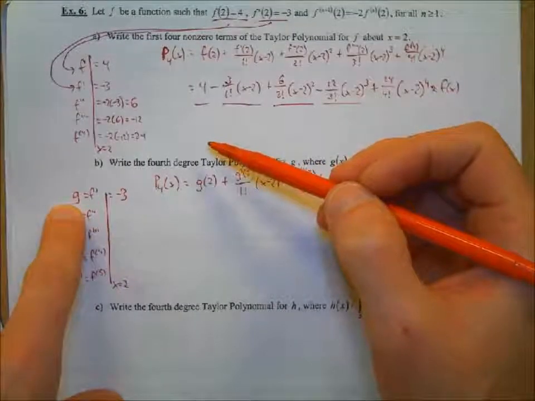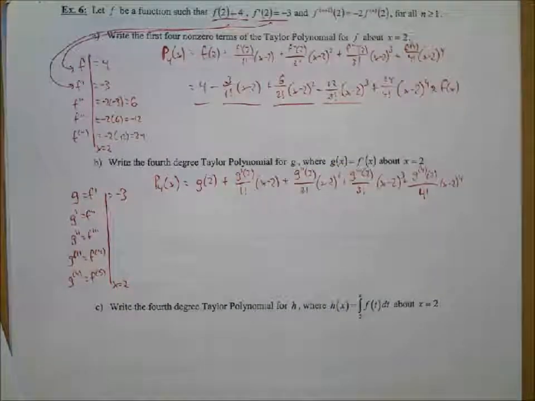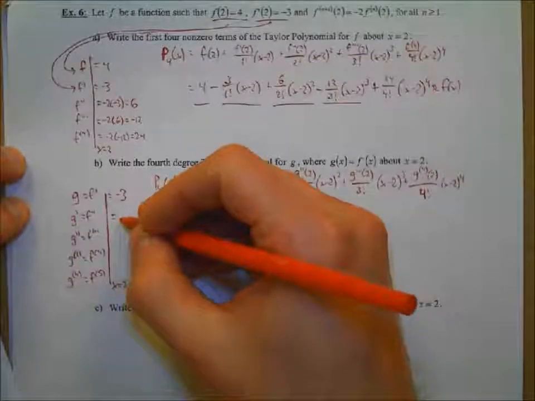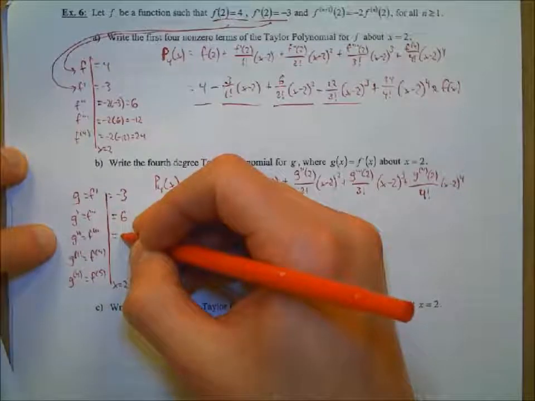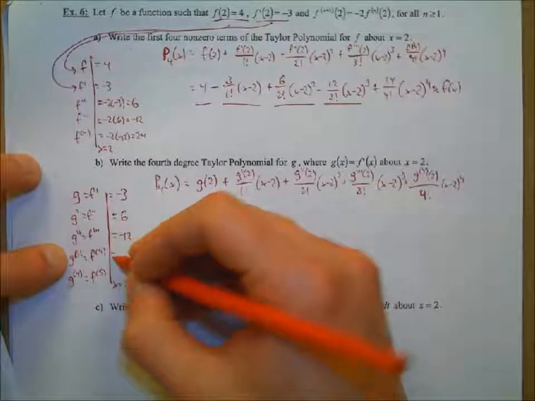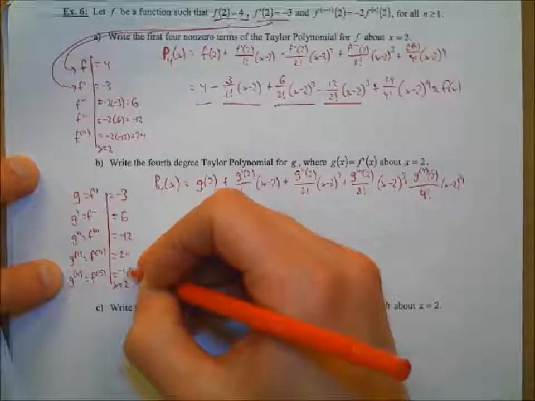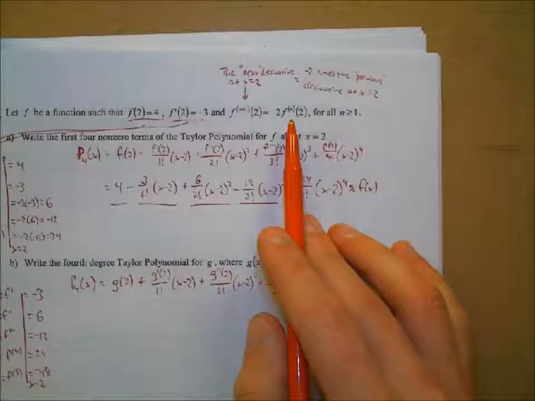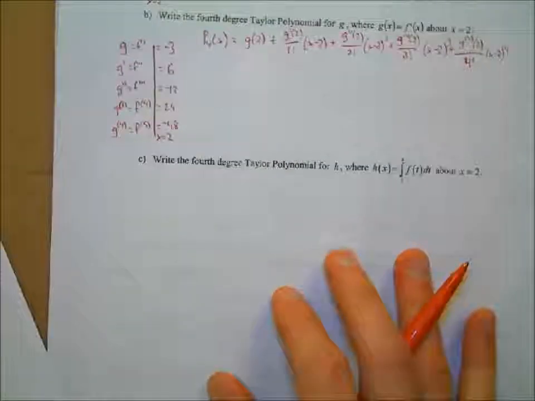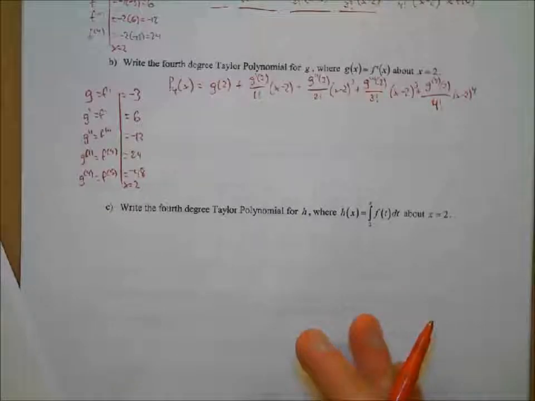Which means g prime will equal 6, g double prime will equal -12, g triple prime will equal 24, and the fourth derivative of g, -48. Because we're following the idea that the next derivative of f will be -2 times the previous derivative, which is the same thing for g, since g is also equal to the derivatives of f. It's going to follow that same procedure. And so you guys are right.